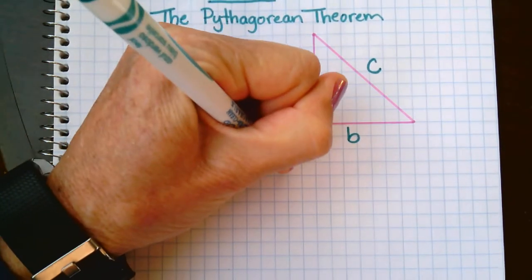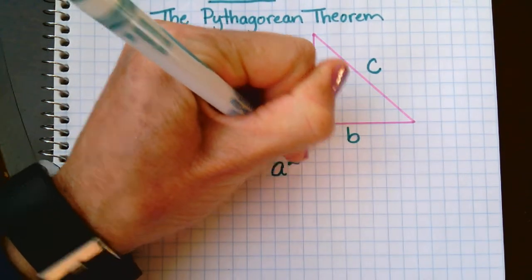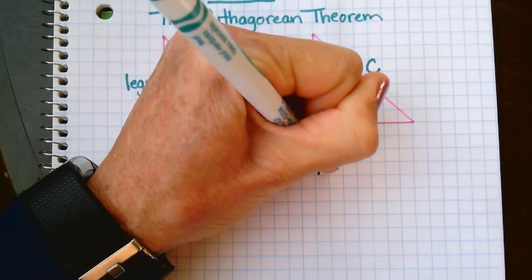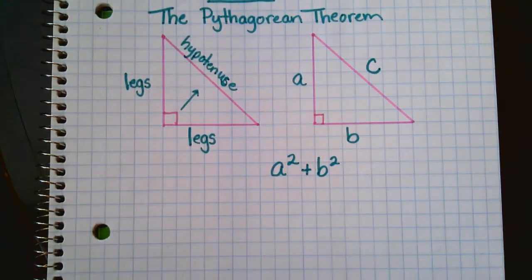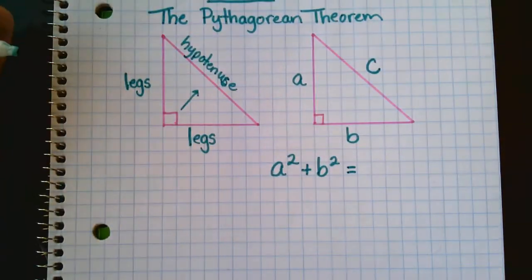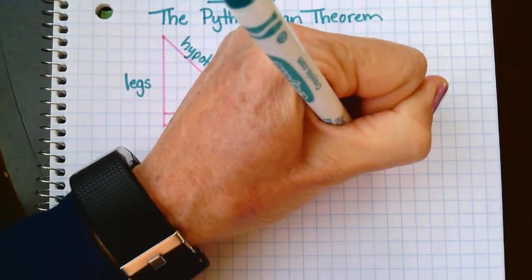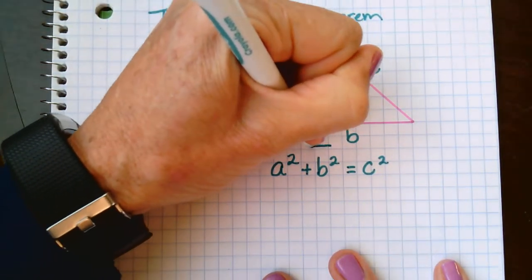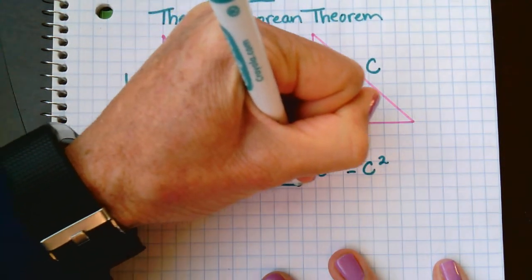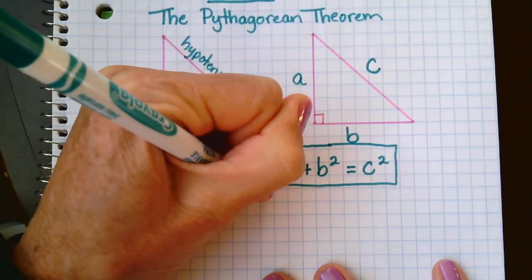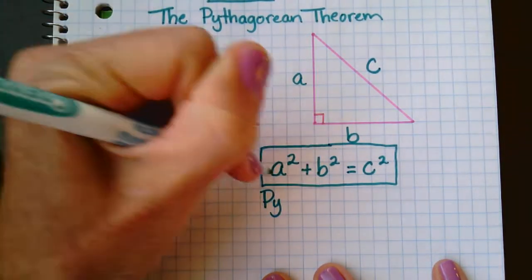If we squared side A and we added it to the square of side B, in a right triangle, it's going to be equal to the square of the longest side. And that right there, A squared plus B squared equals C squared, this is the Pythagorean theorem.